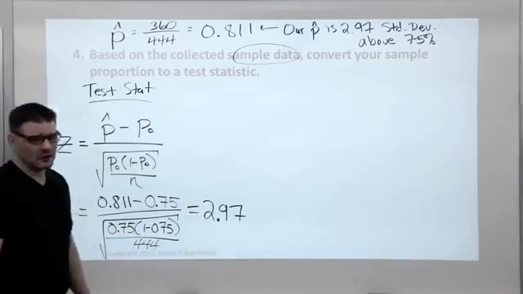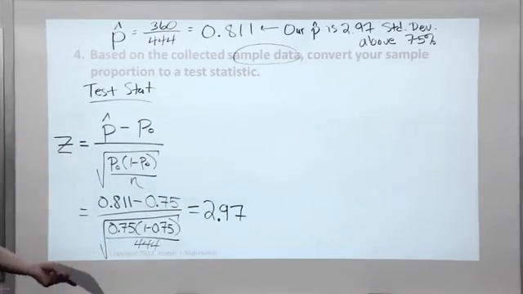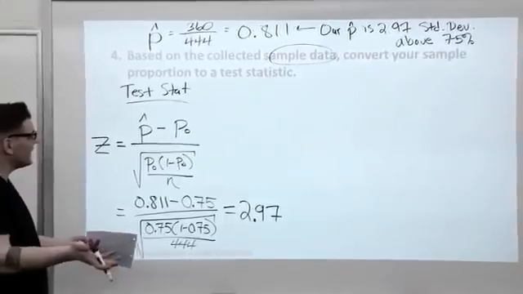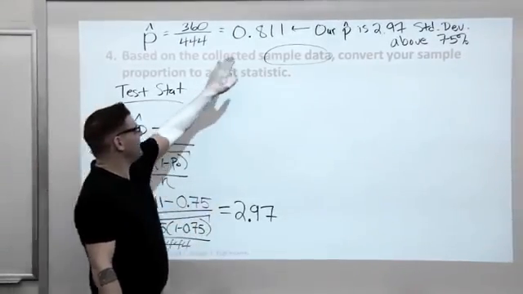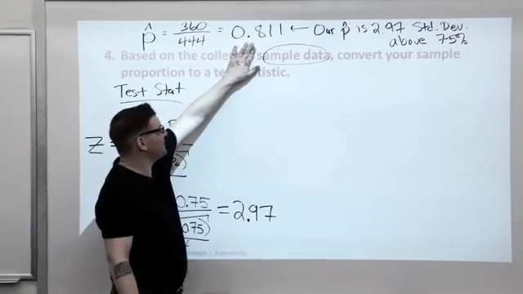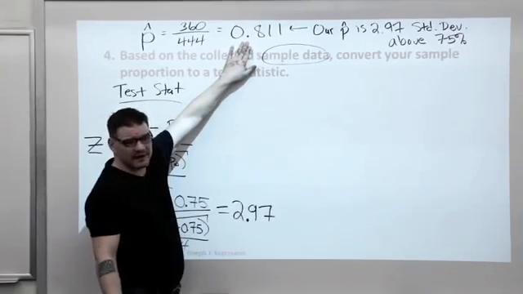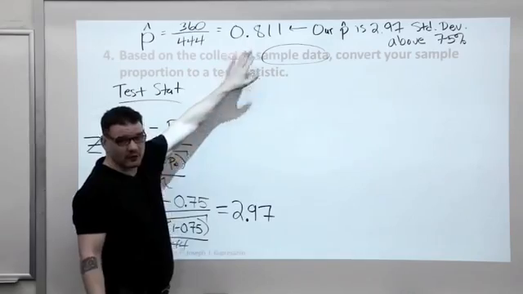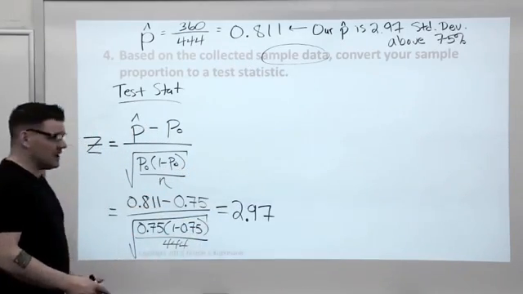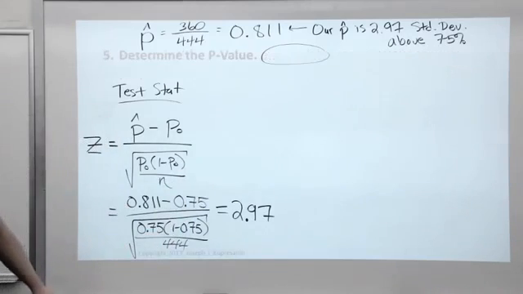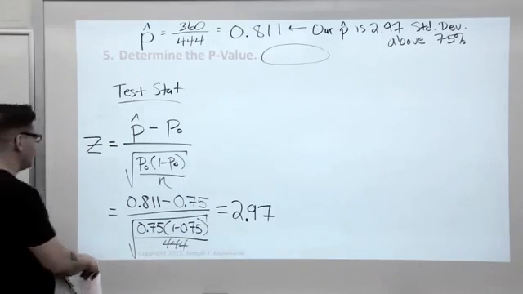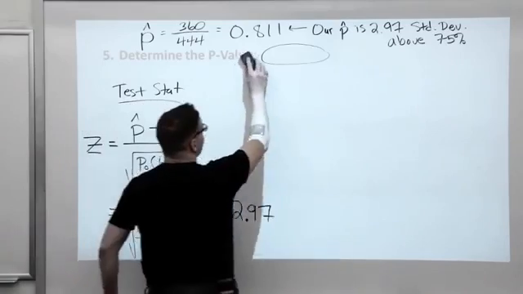It's fairly unusual, and in fact, it's right on the border of, we said rare for 3, right? It's rare to have 3 standard deviations. So my spidey sense is telling me that this is evidence that more than 3/4 of the whole population are cheaters. Let's get the p-value. If I flip to number 5 here, test statistic first, p-value second.